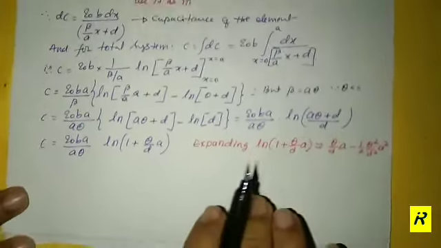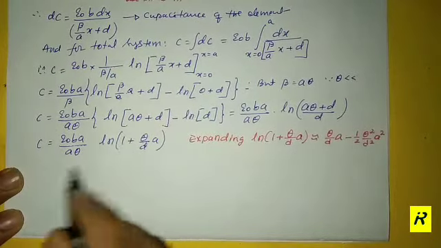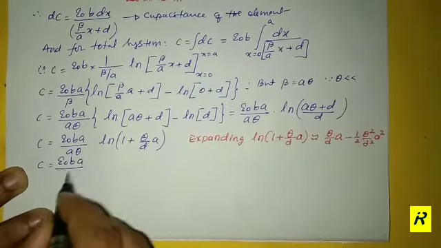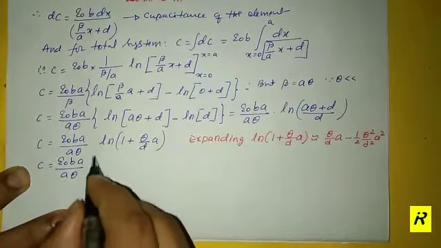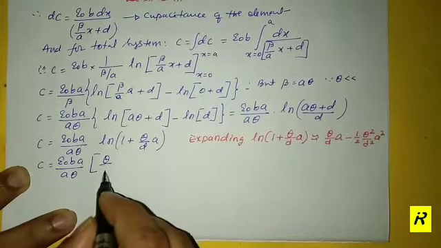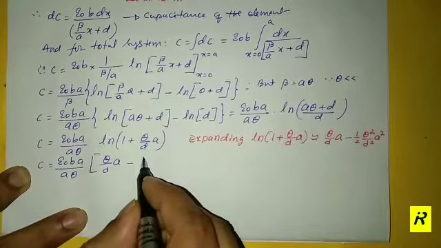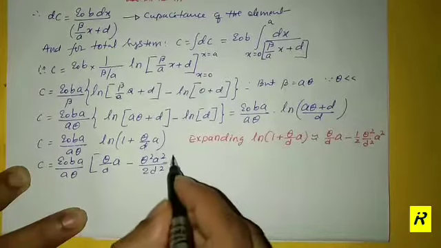So when I use this here in the place of the actual equation, C is equal to epsilon O B into A divided by A theta, and here I can simply use theta divided by D into A minus theta square A square divided by 2D square.